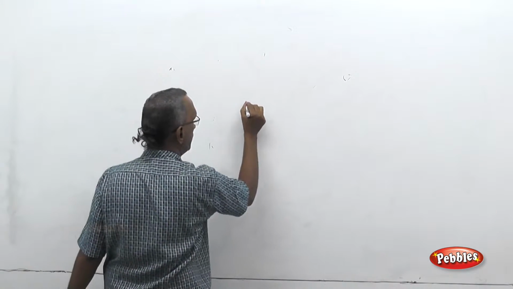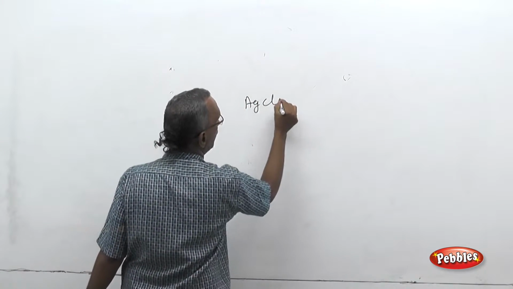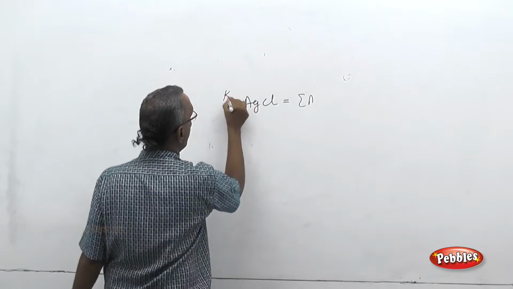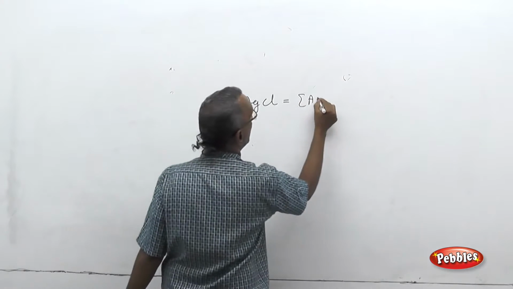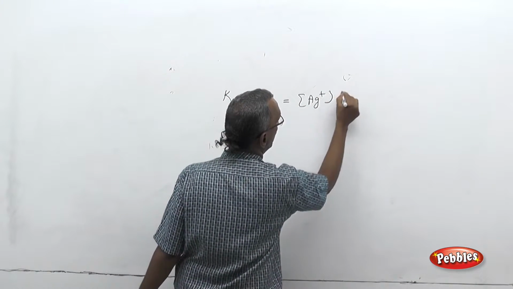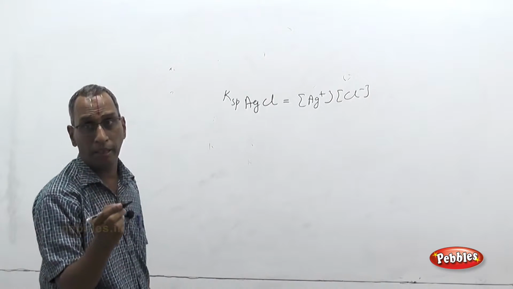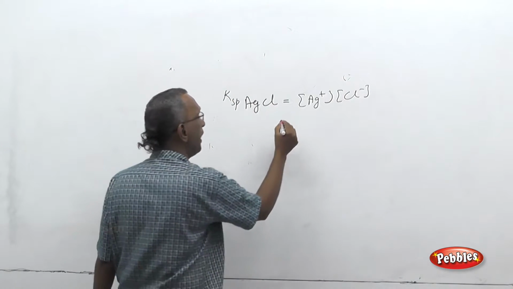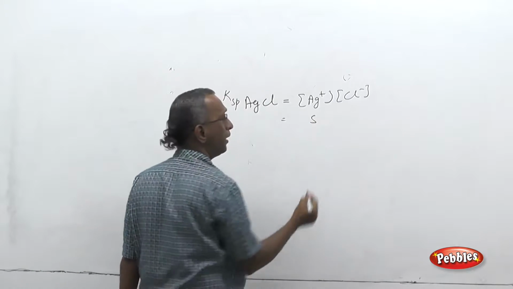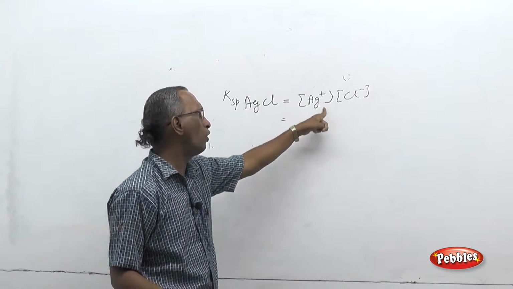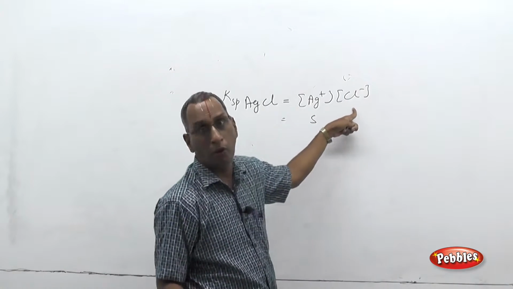Let us illustrate with AgCl. The solubility product of AgCl is the Ag plus concentration into the Cl minus concentration. We don't know the solubility. Let us assume capital S is the solubility. So S moles soluble means they form S moles of silver ion and S moles of chloride ion.